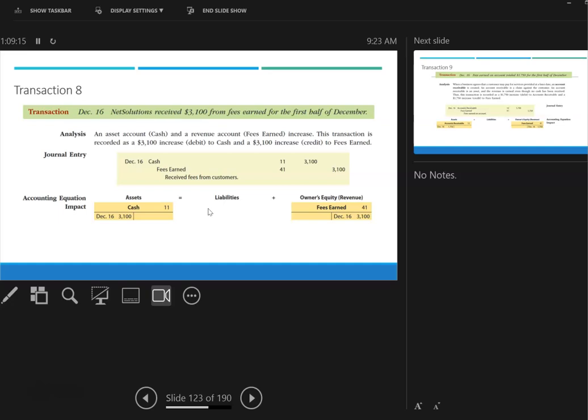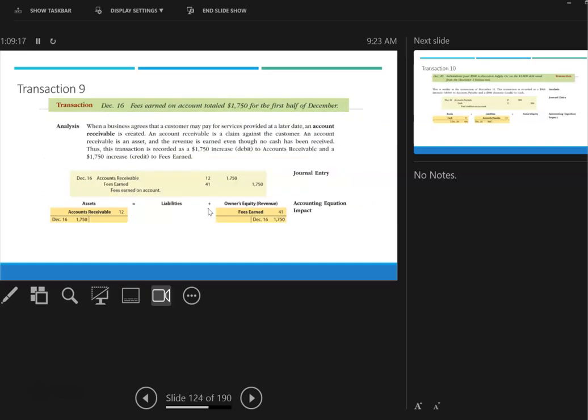Next, fees earned on account totaled $1,750 for the first half. What does that mean, guys? We did not get paid. We earned it, but we're expecting the money. So we debit our accounts receivable, we credit our fees earned, right?